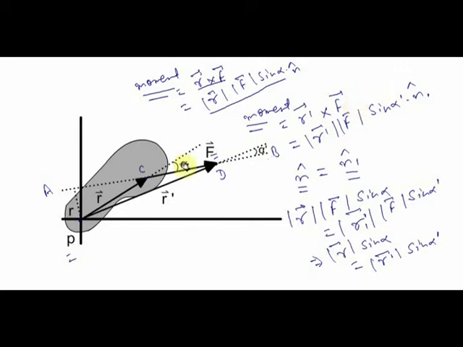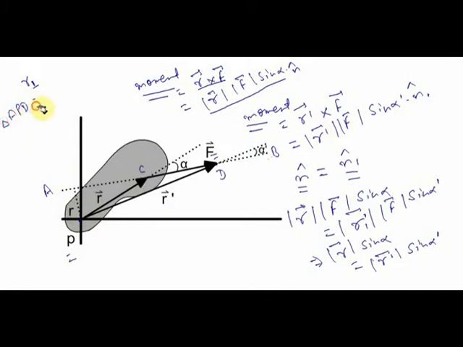To prove this, let's do one thing. Let's drop a perpendicular from point P to the line AB. Let's say that the length of this perpendicular is r perpendicular. First let's take the triangle APC.